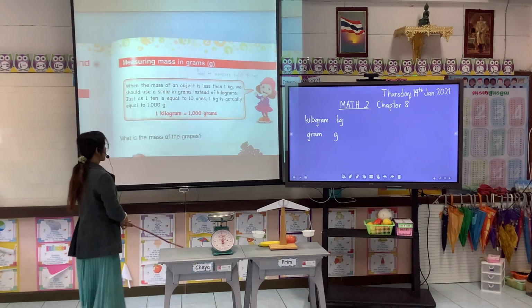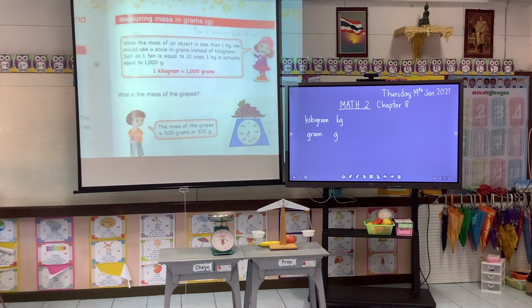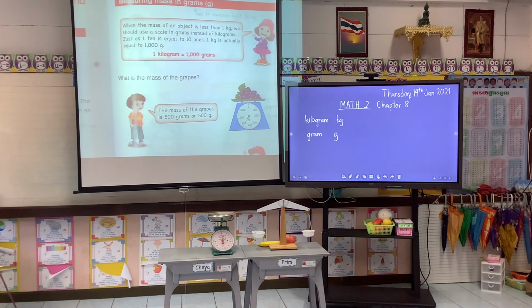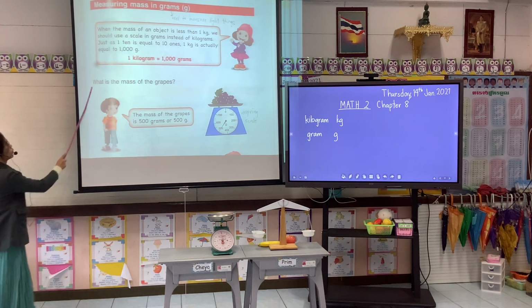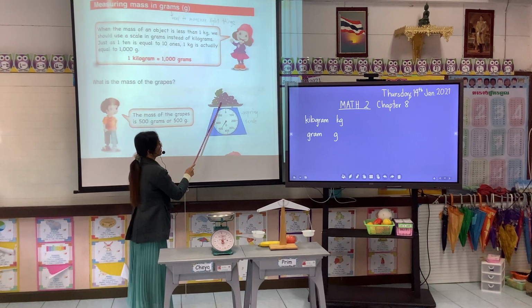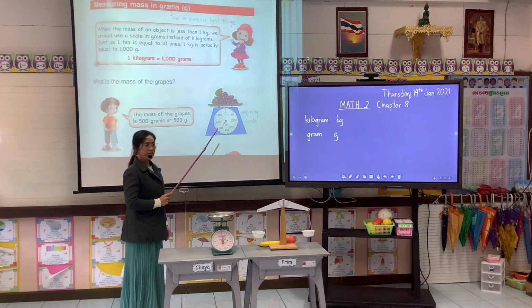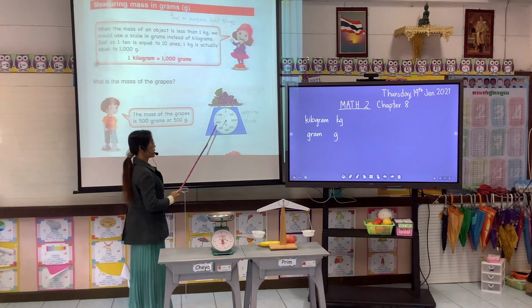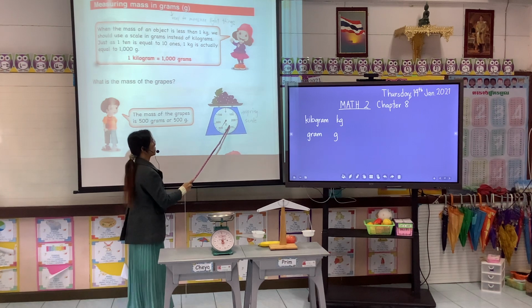Now let's see what is the mass of the objects right here, the grapes. What is the mass of the grapes? The grapes are light, not heavy, so we're going to use gram.